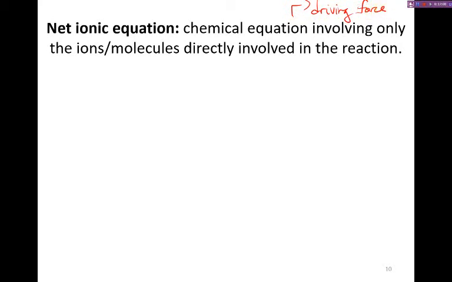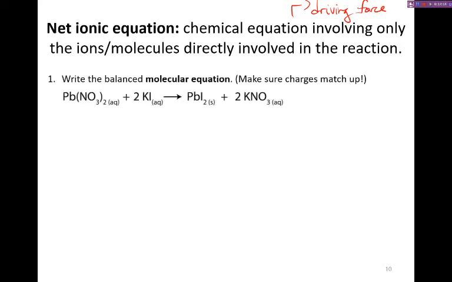So, first thing that we want to do, let's say that we've got the following molecular equation. And initially, all we know is that we have lead nitrate reacting with potassium iodide. If you're told that these two things react and you want to determine the net ionic equation, the first thing you need to do is write out a balanced chemical equation.